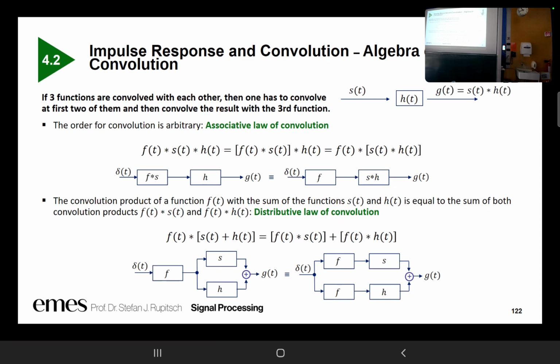This also is valid for the convolution, and this distributive law also is valid for the convolution shown here. We have here the first impulse response, and then we go to two subsequent impulse responses and sum them up again. We can also do this in this manner. We can split this impulse response into two equal ones, f and f, and go to the inputs for s and h. And we do the same. That's very simple.